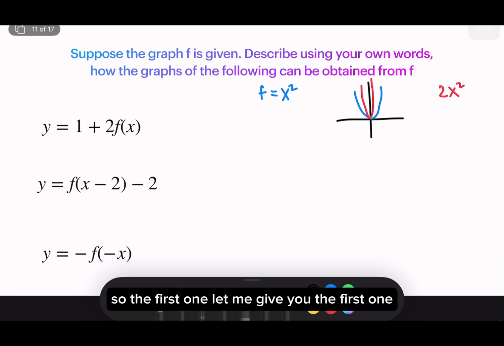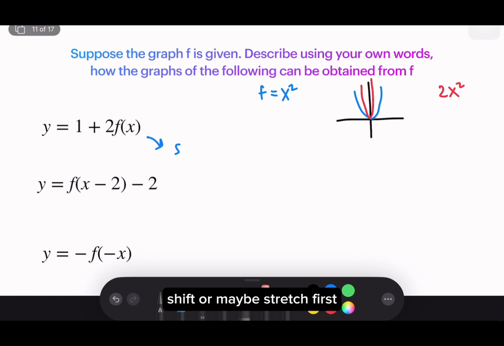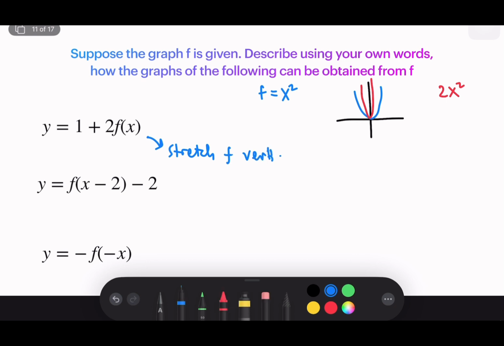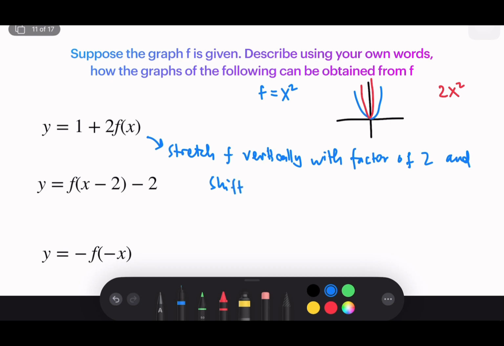So the first one, let me give you the first one. Stretch f vertically with a factor of 2 and shift upwards 1 unit.